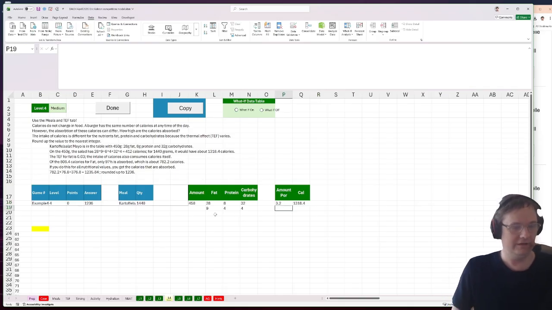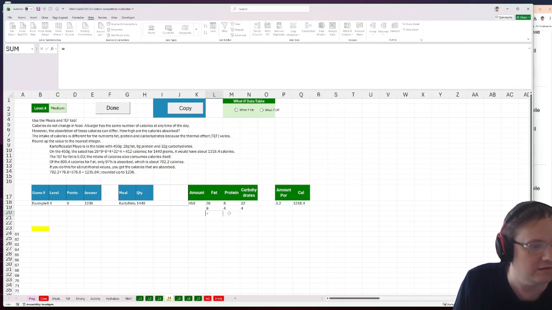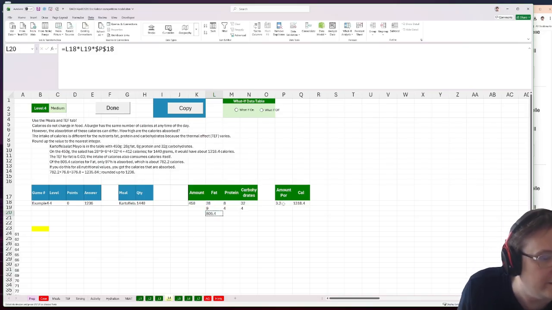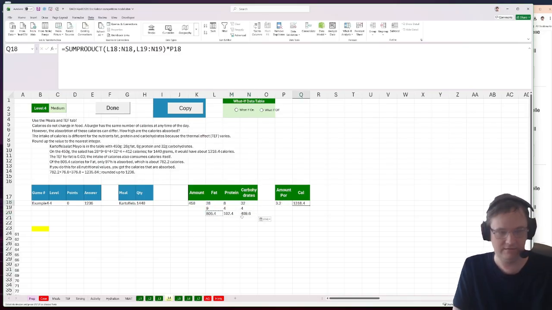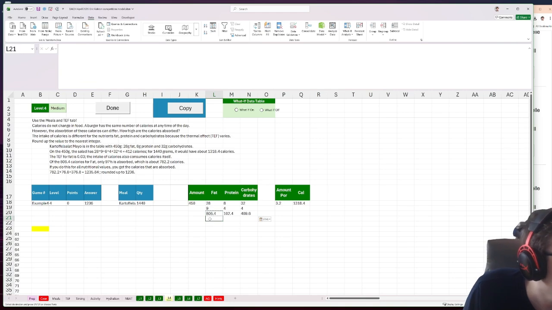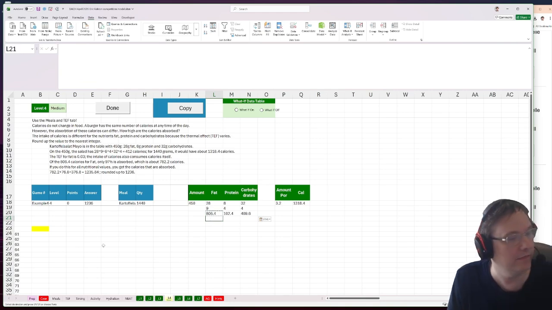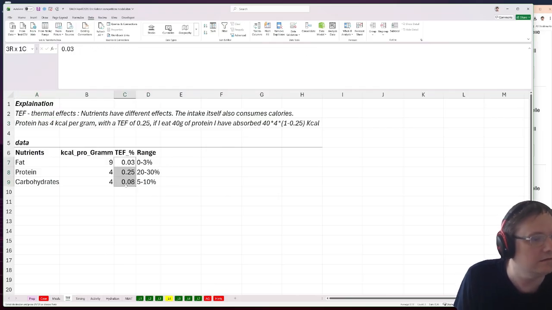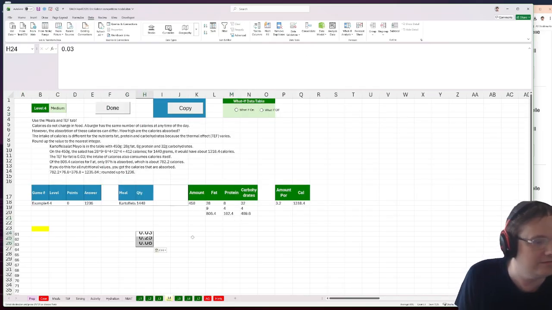So I have to do this for each of these separately, right? This times this times this is that. Then the amount that is absorbed is, yeah, it's 1 minus this, right?